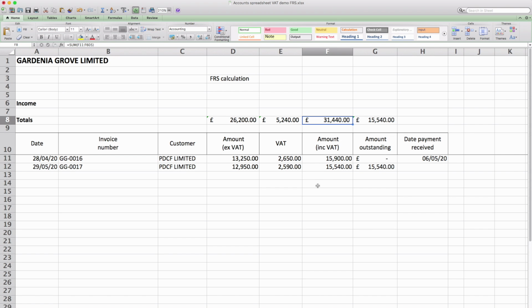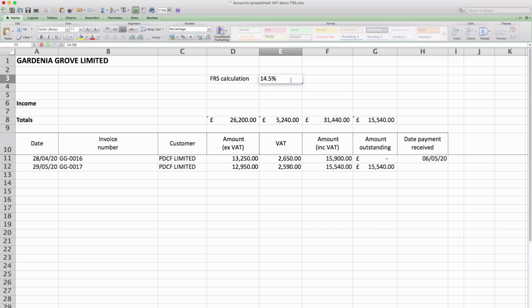So here we are looking at the numbers for Gardenia Grove Limited, or GG Limited for short, and we can see that they've issued 2 invoices in this quarter, and the VAT inclusive amount is £31,440.